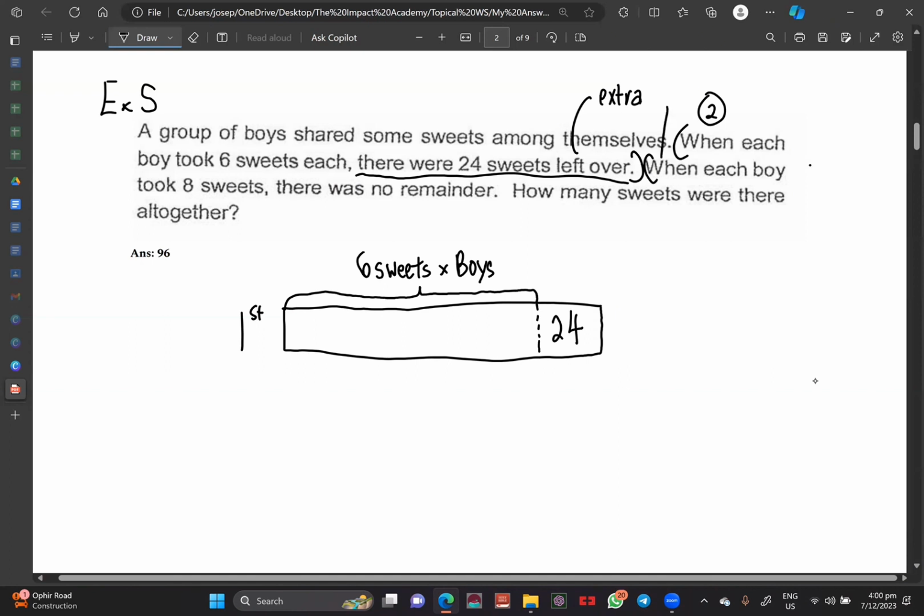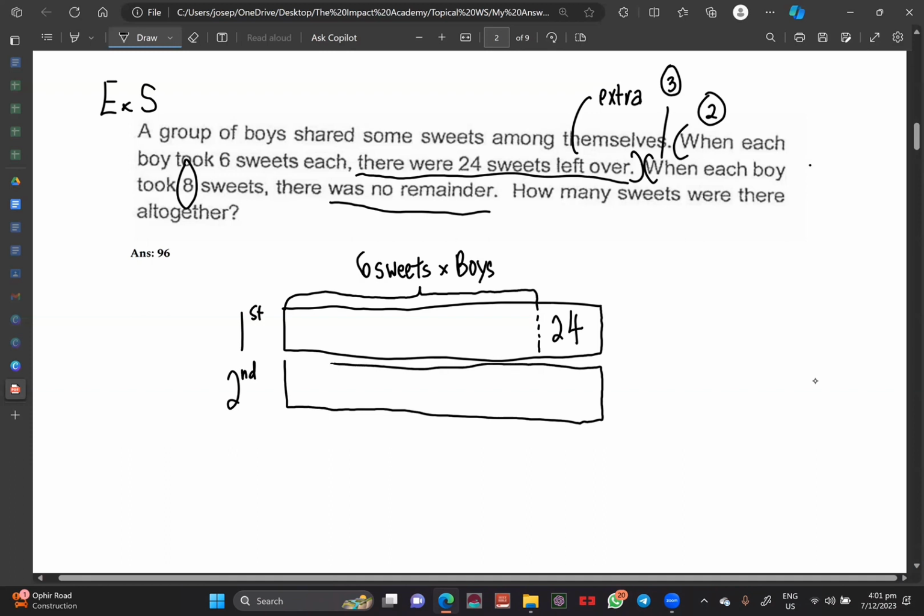We go on to sentence number 3. When each boy took how many sweets? 6. That is the second example, right? How many sweets? 8 sweets or 6 sweets? 8 sweets, right? When each boy took 8 sweets, how big is it going to be? When 8 boys, there was no remainder. Am I making sense here? There was no remainder.